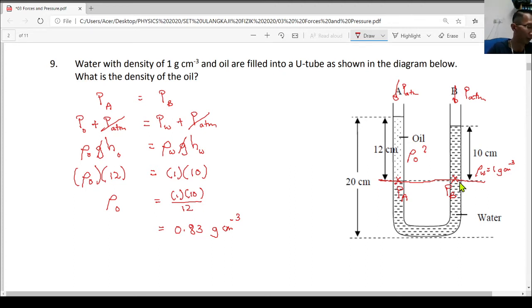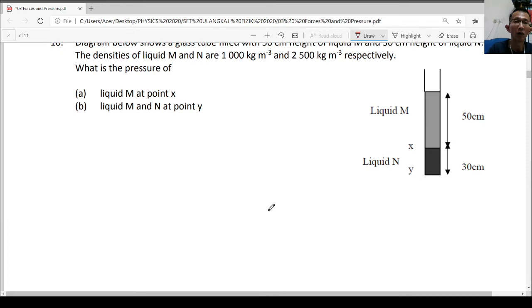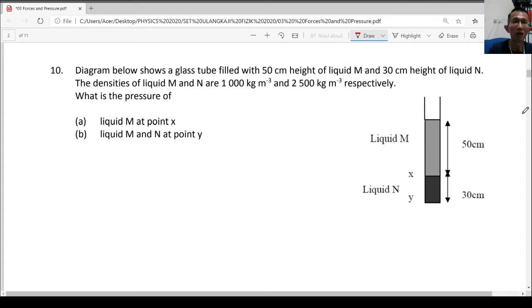Okay, let's go to question 10. The diagram below shows a glass tube filled with 50 centimeter of liquid M and then 30 centimeter of liquid N. The densities of the liquids M and N are given.